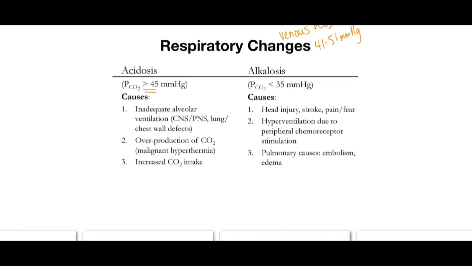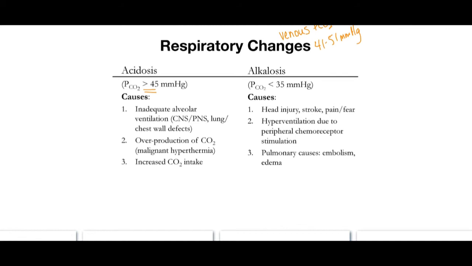Lung or chest wall defects, we talked about that a lot when we discussed our restrictive diseases. You can also have a condition where you're producing too much CO2 for what your body's ventilation rate is doing. So you're probably going to increase your ventilation rate, but it's still not able to overcome the amount of CO2 being produced.